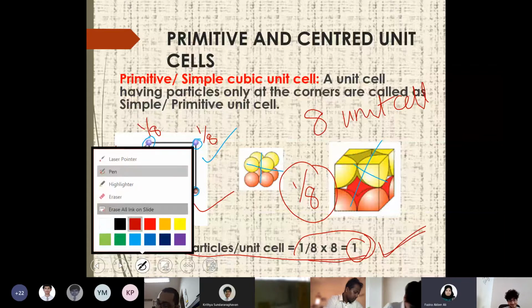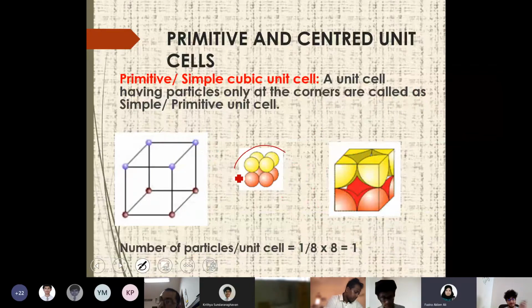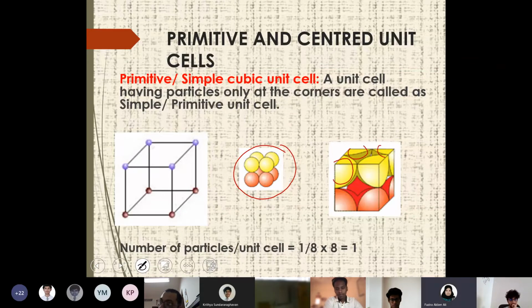That is what is shown in these two diagrams. This is how the arrangement looks. The particles are at the corners of a cube, and in reality 1 by 8 of each particle is there, and when you add all of them you get the total number of particles as 1. Am I clear?